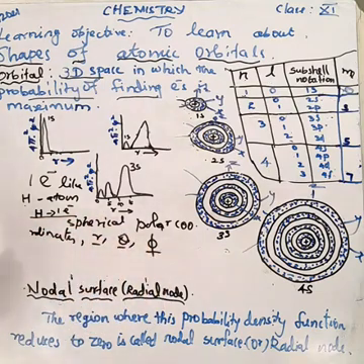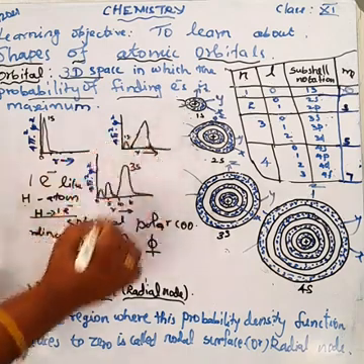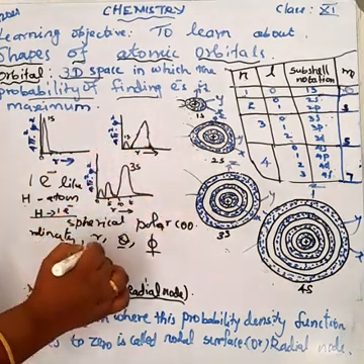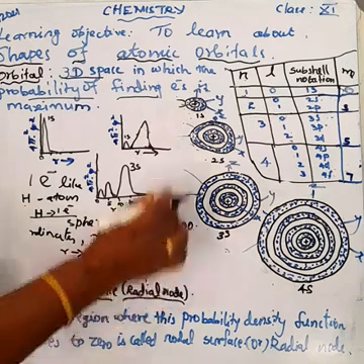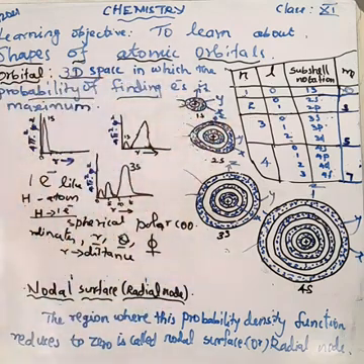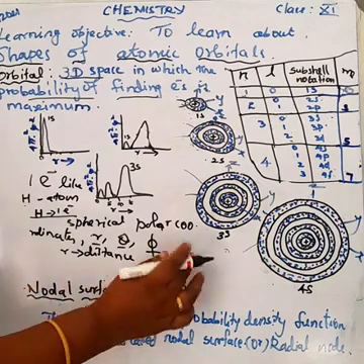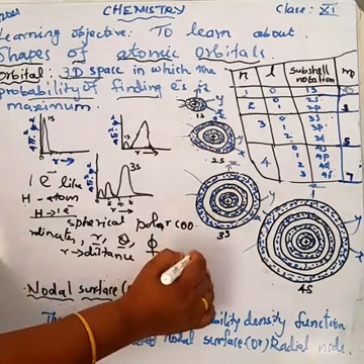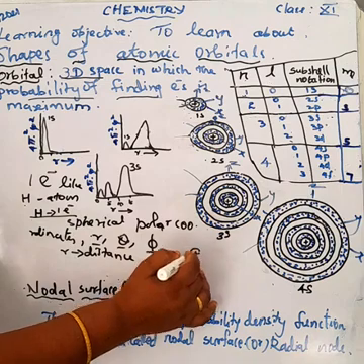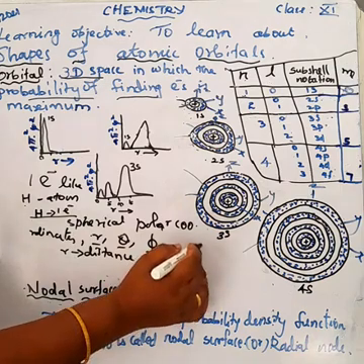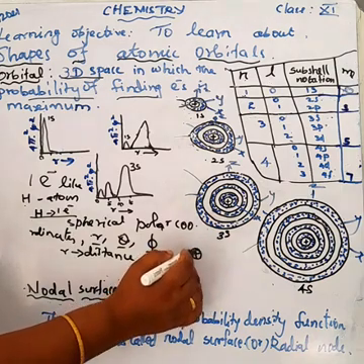Here r means the distance between the nucleus and the electron. Consider one of the s orbitals.